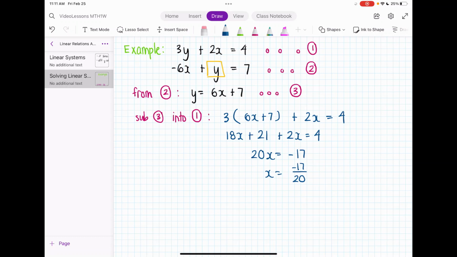And then we take this x value, and now we sub it into our equation 3, because that would give me y. So wherever you see x, it gets replaced. And then you use your calculator, and that will give you your answer.